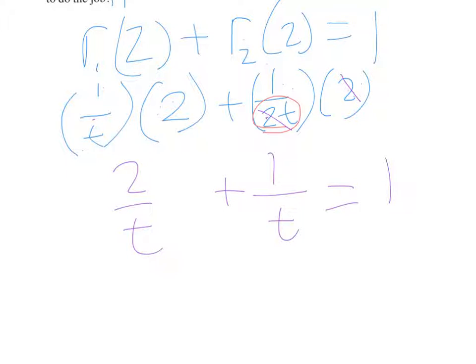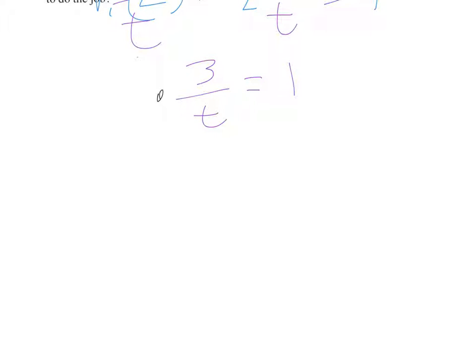So now if we solve for t, that would give us the time it took the first printer to work. Or that's how long it would take the first printer to complete the job. So 2 over t plus 1 over t would give us 3 over t equals 1. So now if we multiply both sides by t, you have 3 equals 1 times t, which is just t.